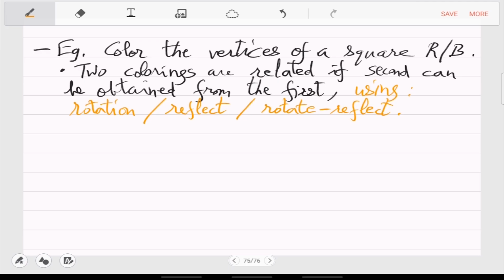A coloring is related to itself trivially, so it's reflexive. Is it symmetric? You rotate, reflect, you get to another coloring. How do you go back? You have to rotate first, right? Can you do that? So check that this is an equivalence relation.